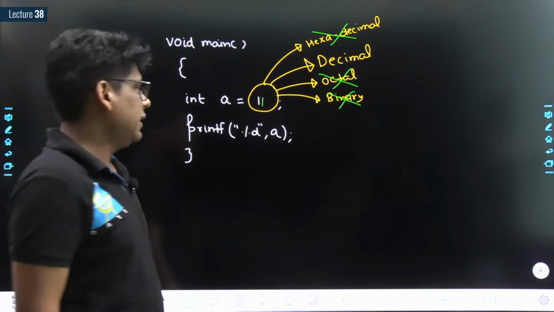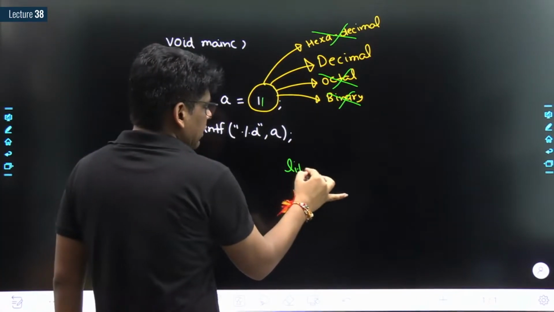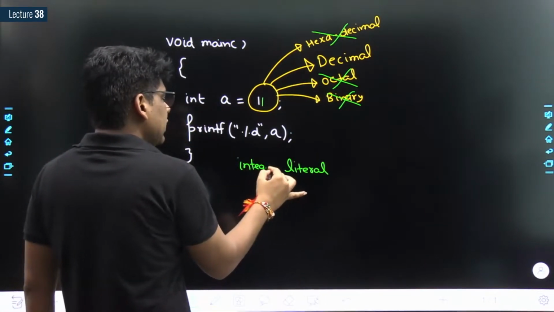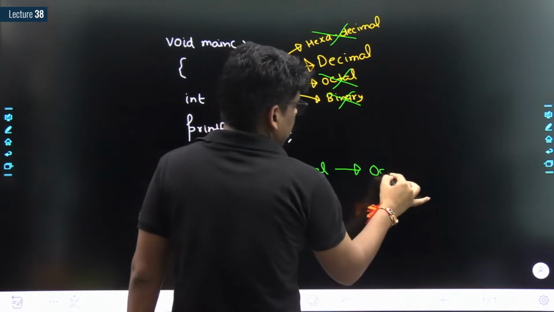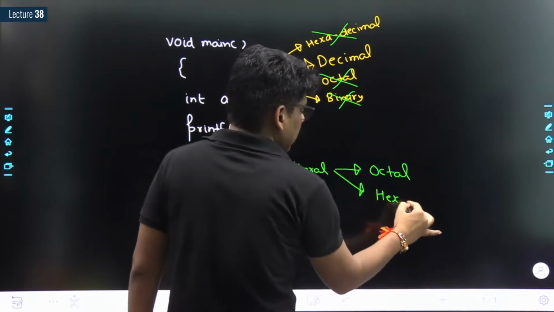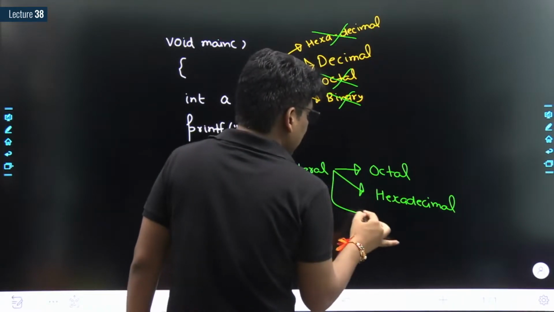Okay. But sir, is it possible that we can provide an integer literal in octal, or in hexadecimal, or in binary?